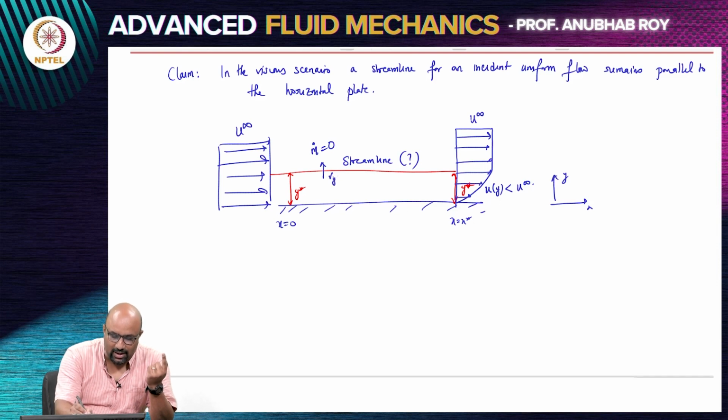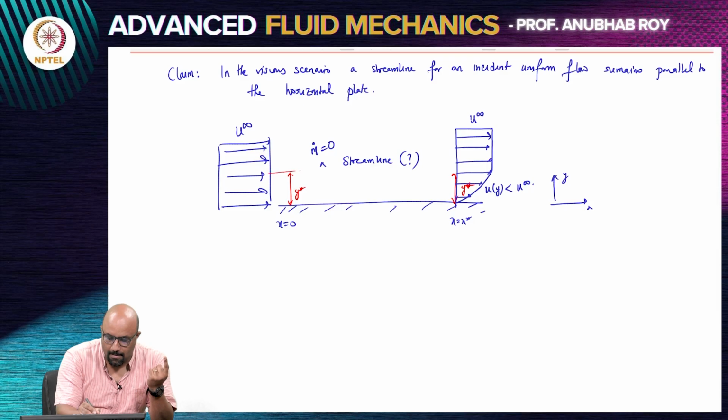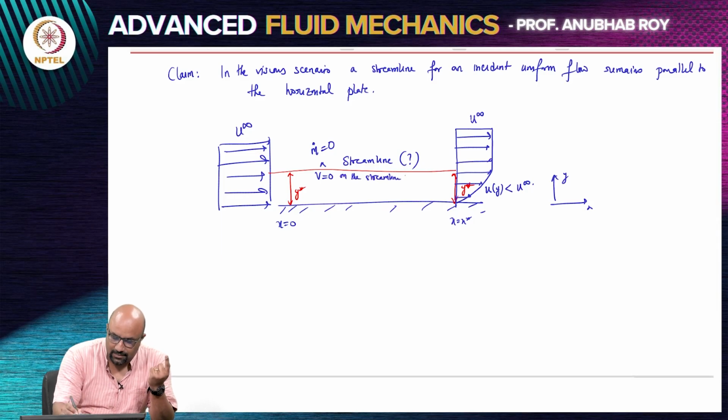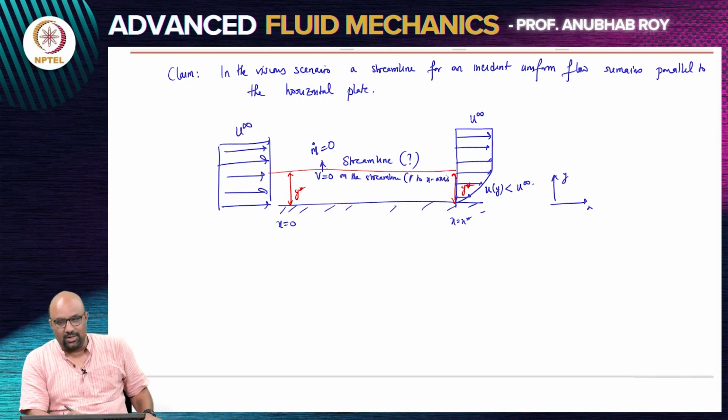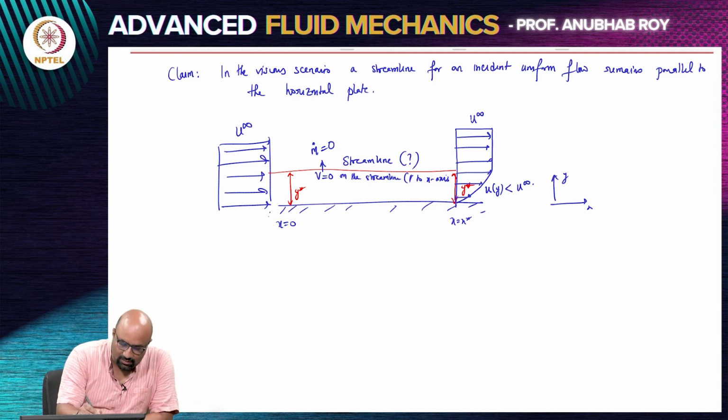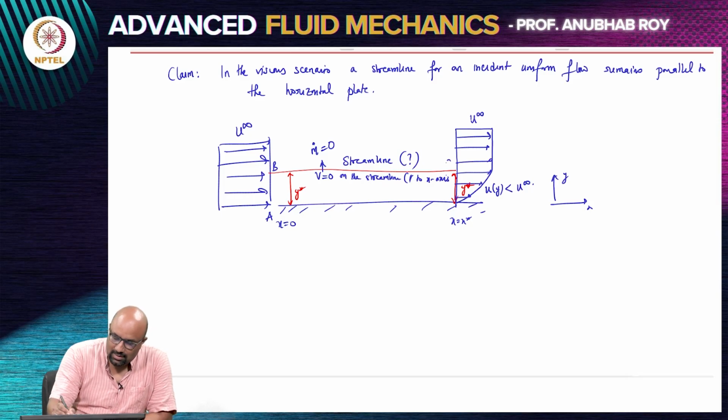V is equal to 0 on the streamline if the streamline is parallel to x axis. So, m dot is equal to 0 on the streamline. There is no fluid that can leak in or out of that region. So, let us mark this region, we will call this A, B, C and D.